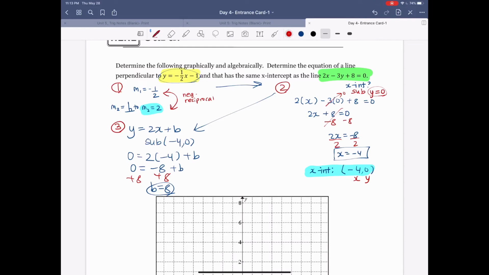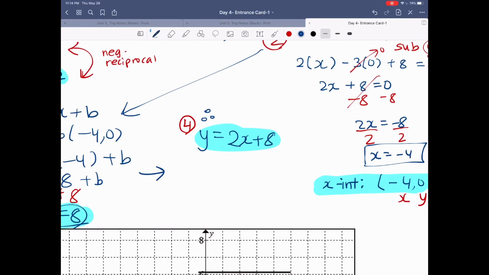So what does that make me do? Well, my fourth step, for an equation of a line, you have to always write down your m and b. And so y is equal to 2x plus 8. Therefore, y is equal to 2x plus 8, and I have found the equation of the line. So I'll just write a little more information.